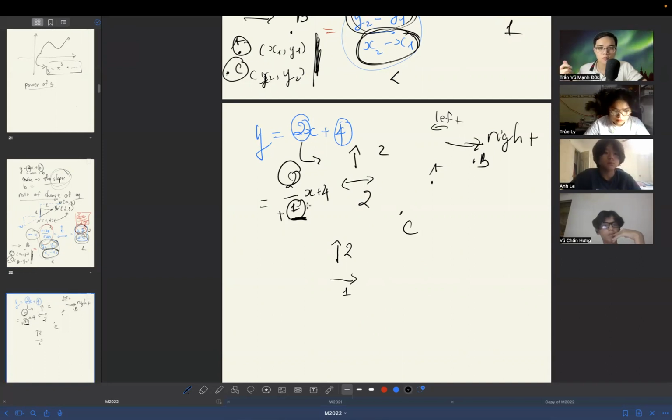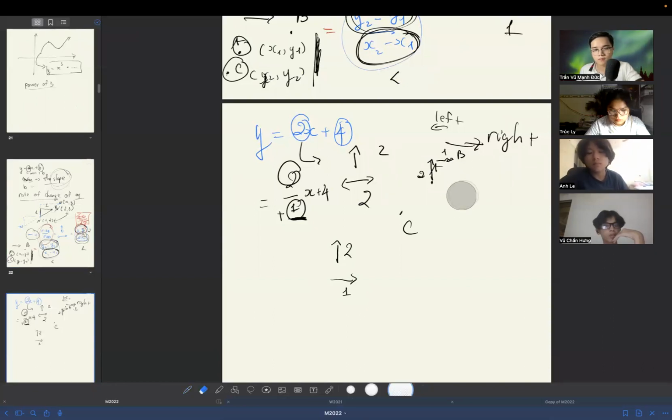So the graph will move up 2 points and to the right 1 point. This will be the B point. I will erase this. And let's say this is the B on the right.